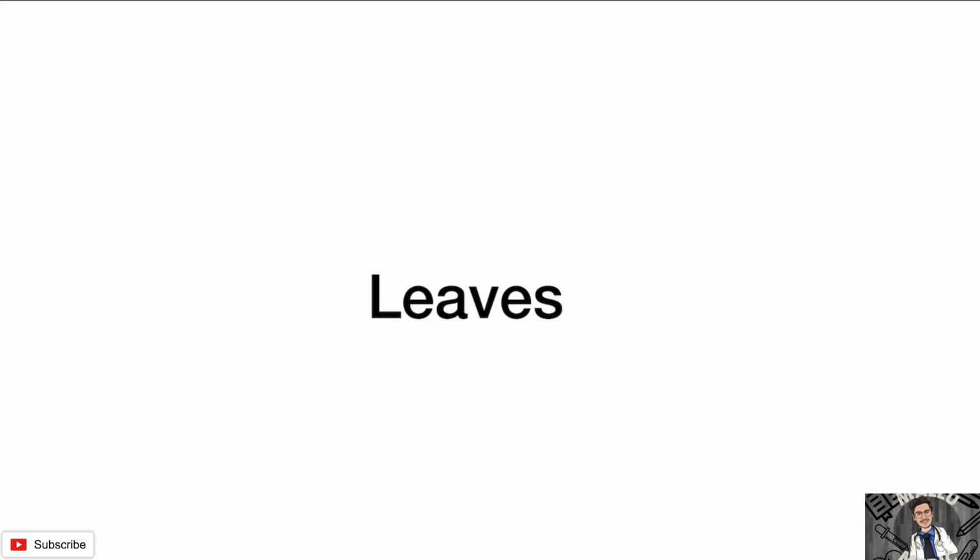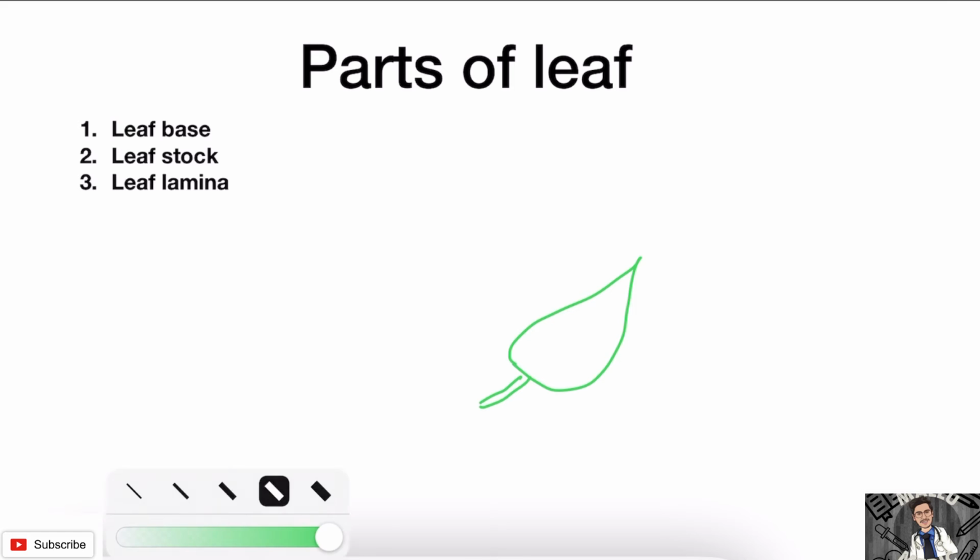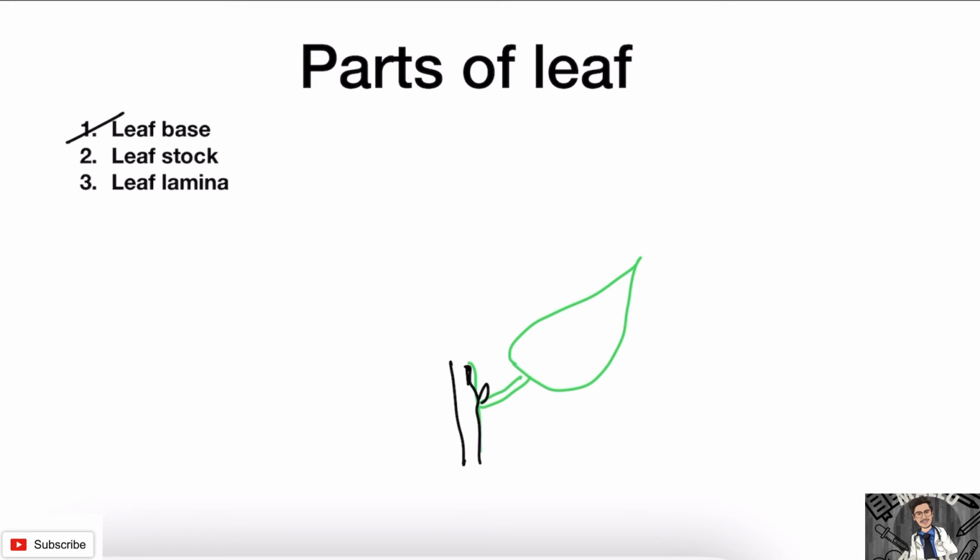Now let us learn something about the leaves. First of all, let us start with the parts of the leaf. I would like to draw a leaf for you, and let us learn its parts. In black I will draw the stem. So these are the parts of the plant. First of all, we have a leaf base. What is a leaf base?